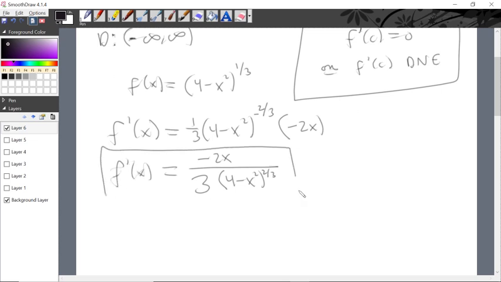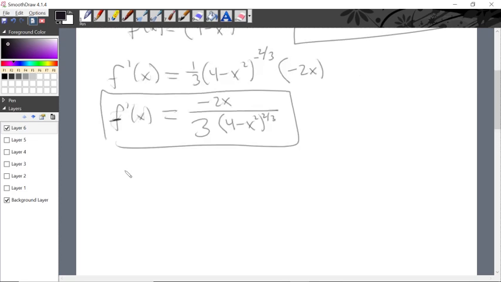Find the critical numbers. Okay, so on one hand, we want to set this equal to 0. F prime of x is equal to 0. So 0 equals negative 2x over 3 times 4 minus x squared to the 2/3. As long as the denominator is not also equal to 0, this would have solutions when the numerator is equal to 0.